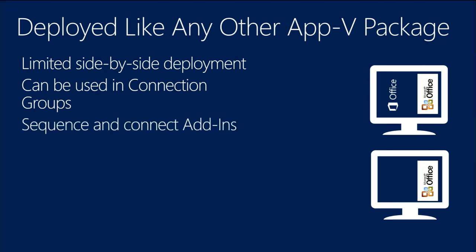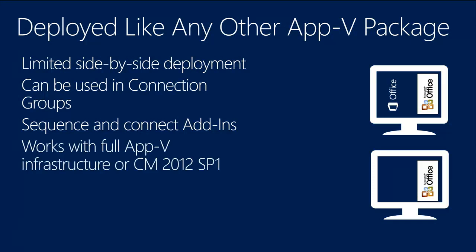If you have add-ins that you want to create and maintain separately from your Office package, you can do that. I'll talk about how later, but you can create add-ins. So if you have plugins that you need for Office, you can create them, you can provision them to your users, and you can connect them using connection group technology, and they just work. I will be demonstrating that in a bit.